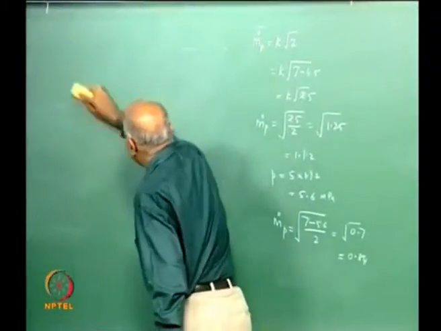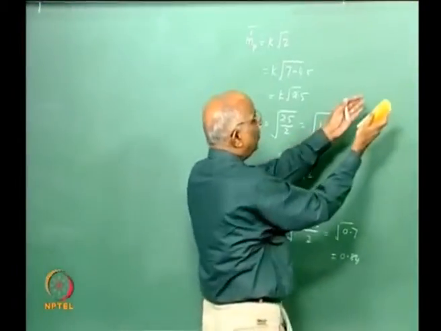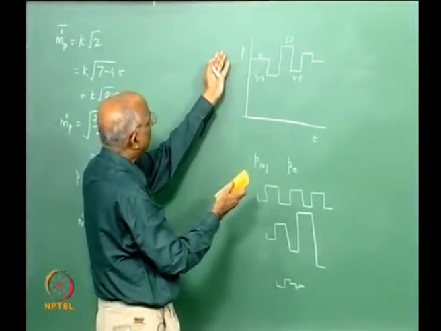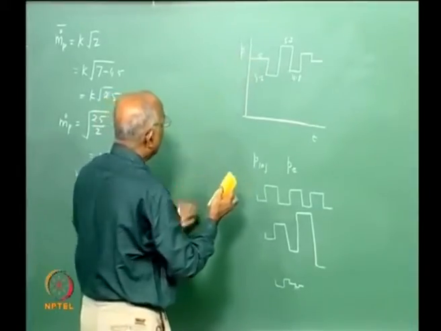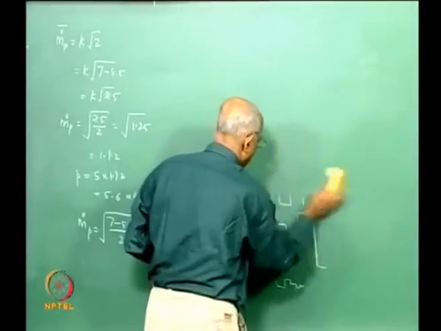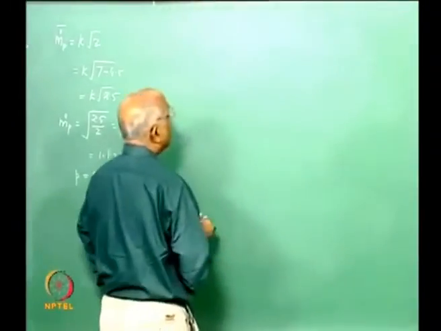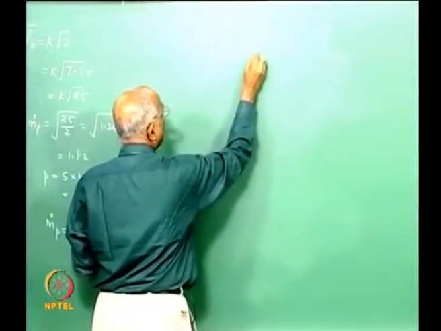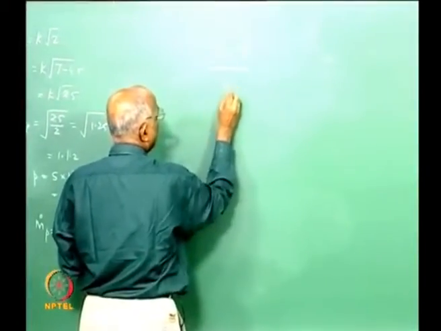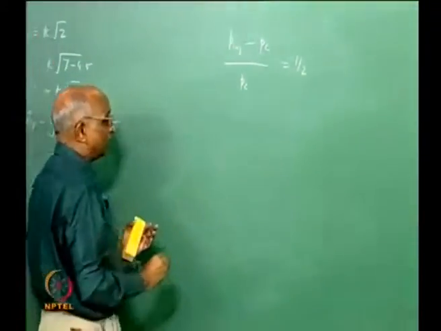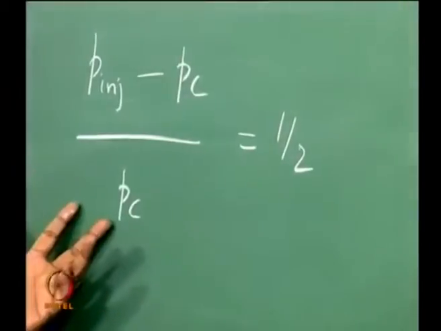Because if I were to do it mechanically, with 5, 7, 5, 7.5, maybe 5, 9 and all that, I will find an equation like this: when P injected minus the value of chamber pressure divided by Pc is equal to half, I get neutral oscillations provided I do a lot of trials.